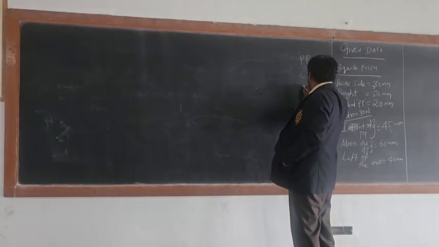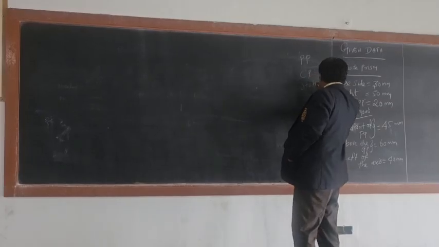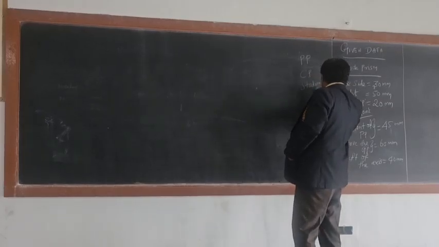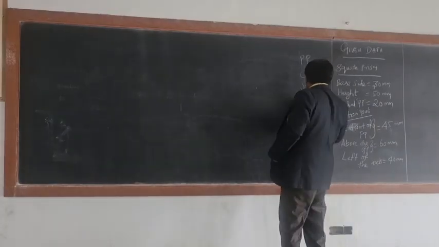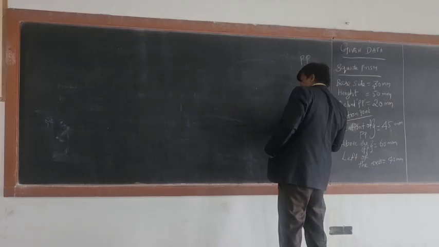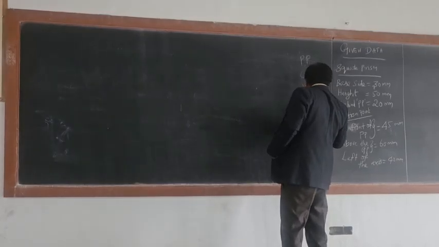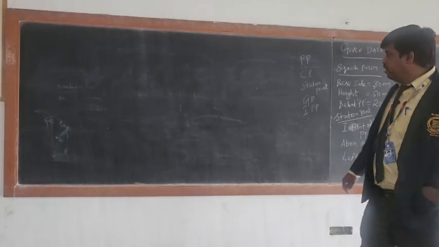Then the station point, and the ground plane. The station point is in front of the fixed plane. So these are the important points.